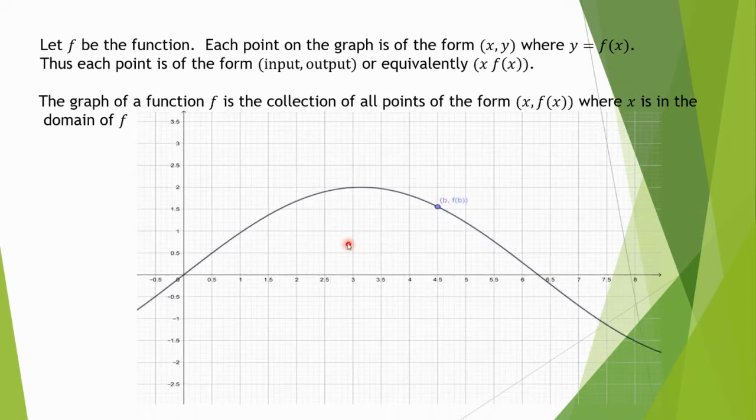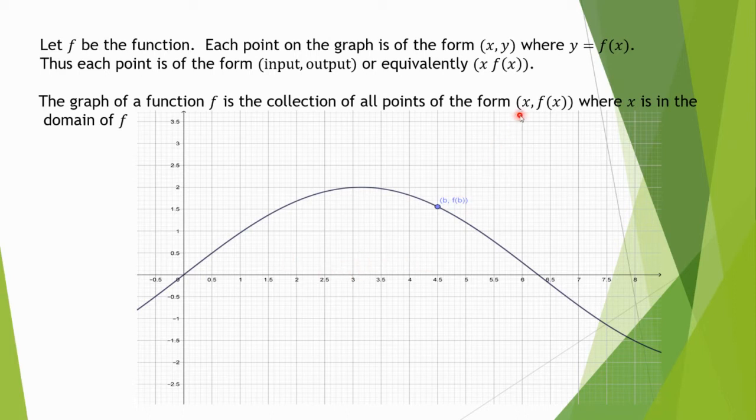So for instance, you know, again, this could be a graph, right? For our function f, this is all the points of this form, where this is the graph of the function f, and the x comes from the x-axis. Actually, I should say this. X is input that lives in the x-axis. That's better.